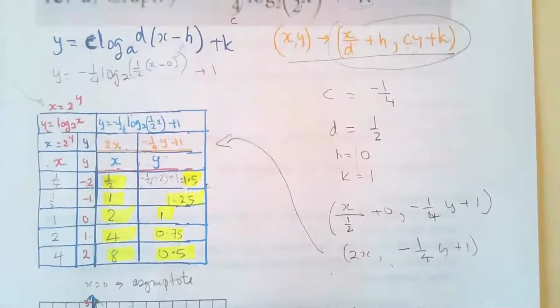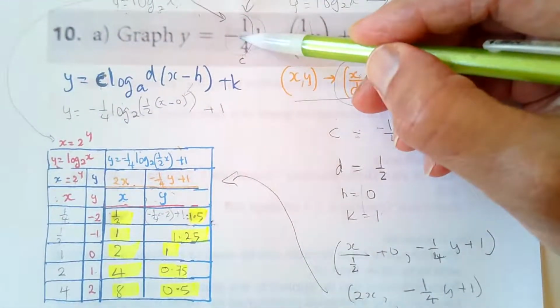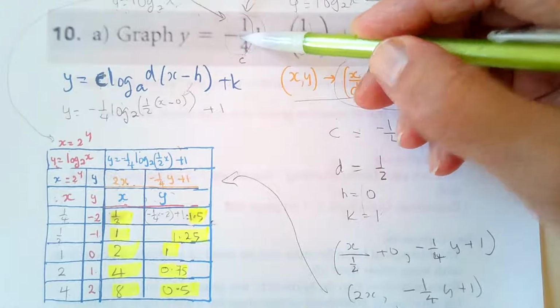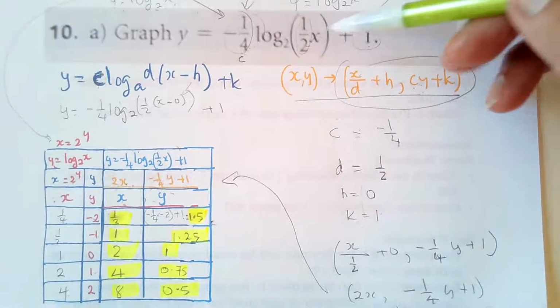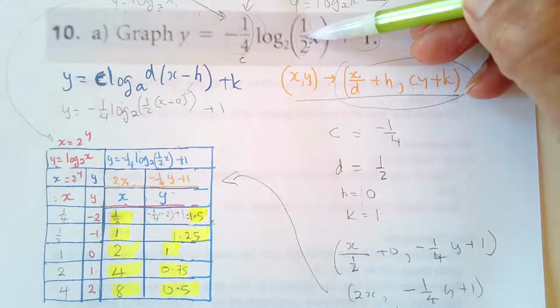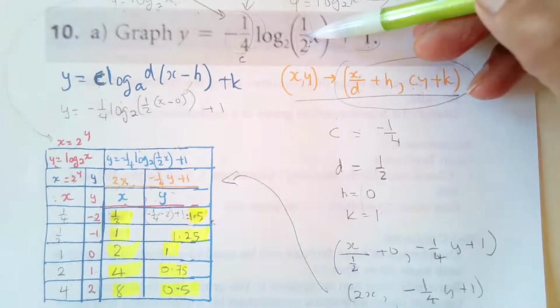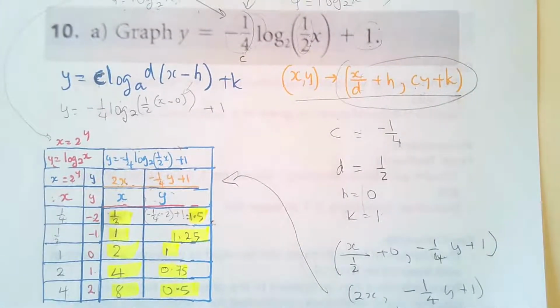As you can see from here, you can predict the graph. We have a negative, so it's a reflection. And here we have, in this case, a horizontal stretch. Right.